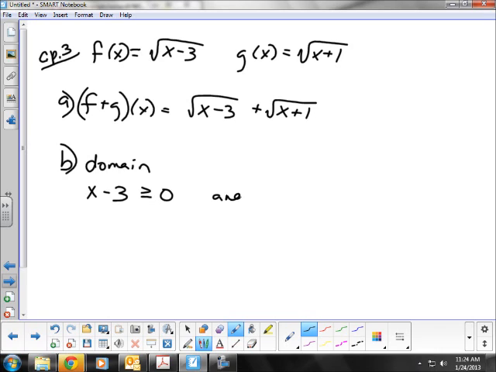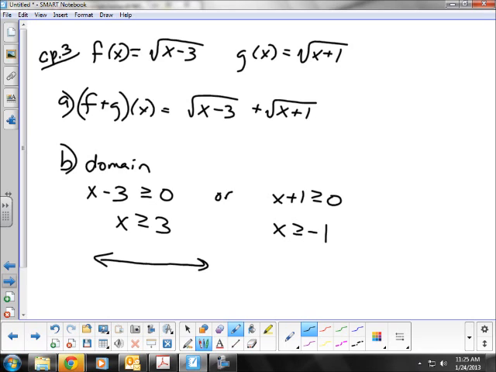But it is true that x plus 1 has to be greater than or equal to 0 at the same time. I can't have it be either one or the other. So I guess really this makes this an or statement, because I can't let it be either one. Doesn't have to be an intersection. So solving this for x, I get x is greater than or equal to 3, and x is greater than or equal to negative 1.